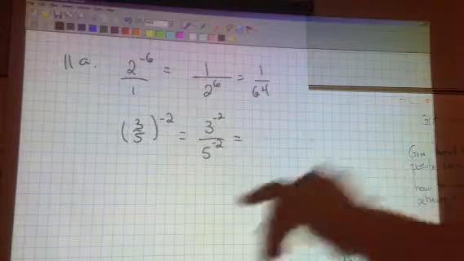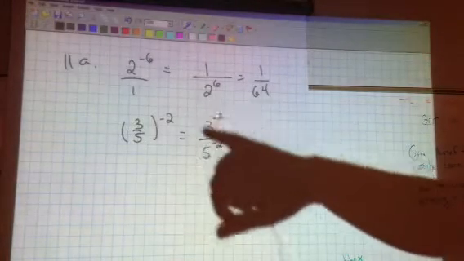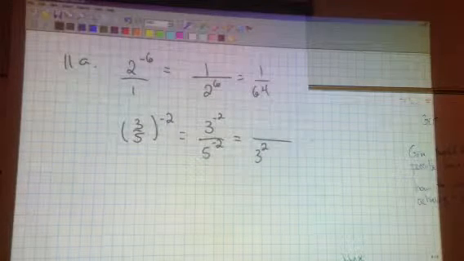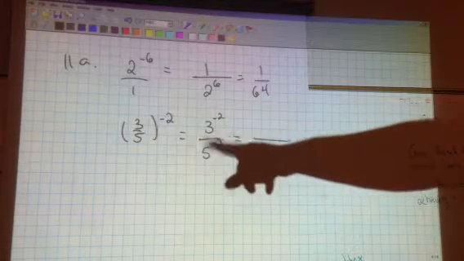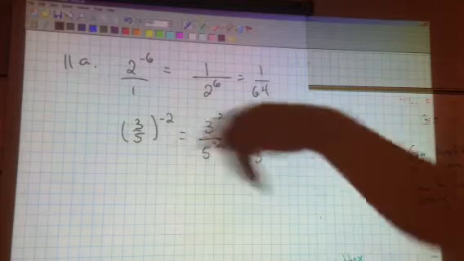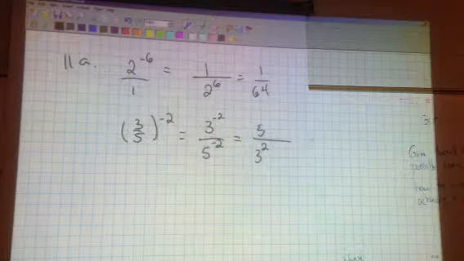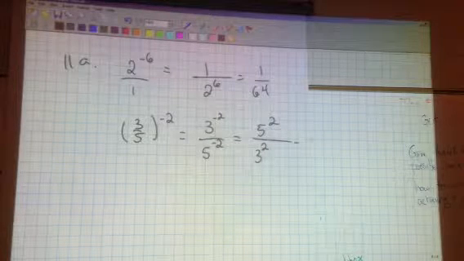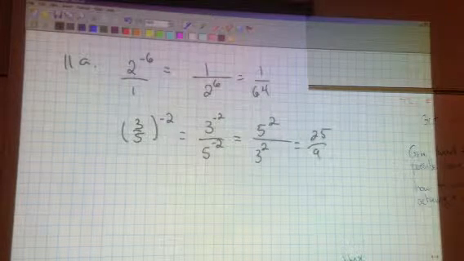Now, with a negative exponent, the 3 in the numerator is going to go to the denominator with a positive exponent, so positive 2. This 5 to the negative 2 in the denominator I'm going to move to the numerator with a positive exponent. So it's 5 squared over 3 squared, which is just 25 ninths.